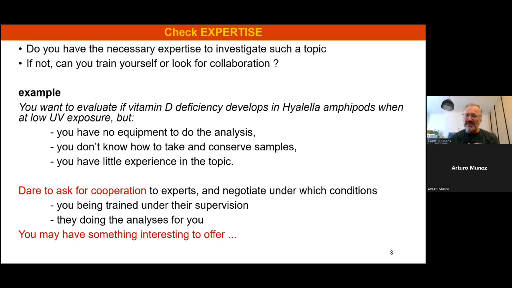Not everyone has the expertise to study fish or frogs or invertebrates in the lake. So you don't have to be scared to ask for collaboration. We always say, if you have a no, you can get a yes. And that's my call. Never be afraid to ask for collaboration. Usually people can say yes one way or another.